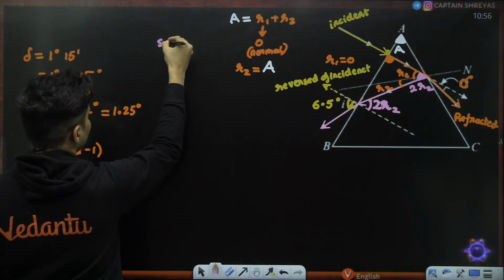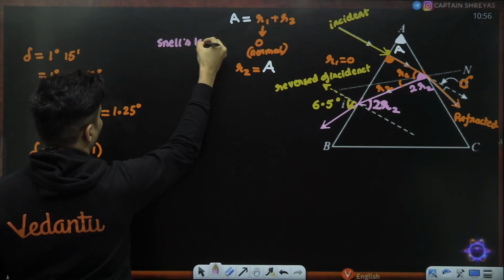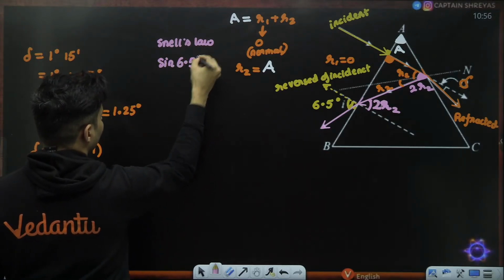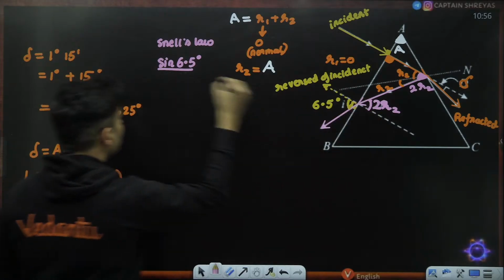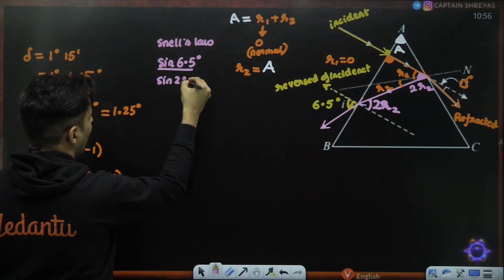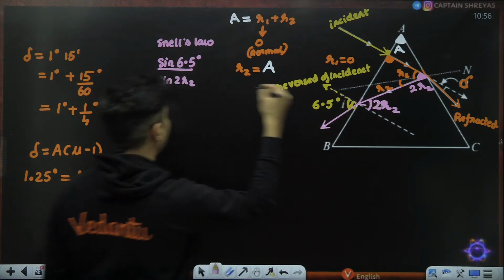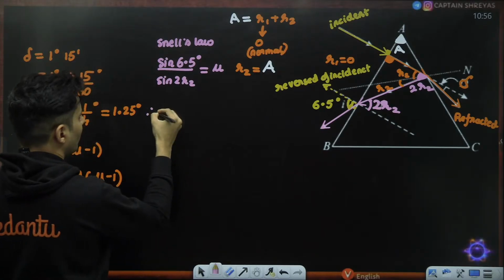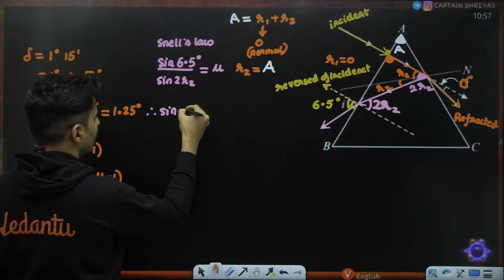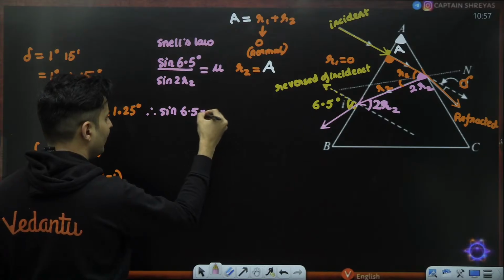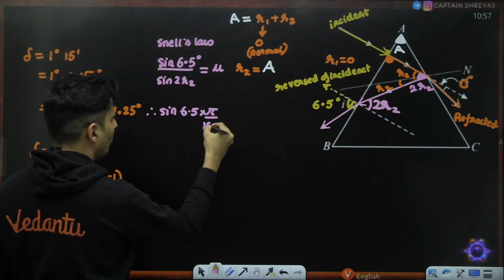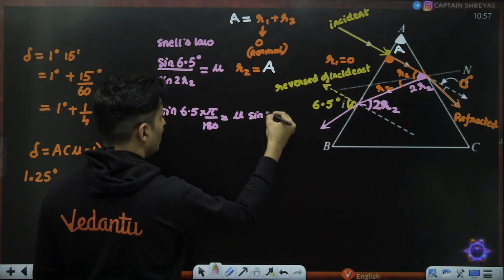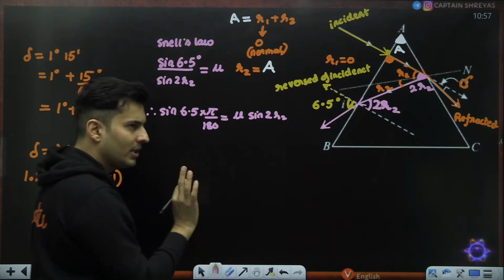So using Snell's law, sine of 6.5 degrees divided by sine of 2R2, which is the angle of refraction inside, will be the refractive index. Shifting it, I will get sine of 6.5 degrees, I will convert it into radians, which is pi by 180, is mu times sine of 2 times R2. Usually all angles are kept in radians.